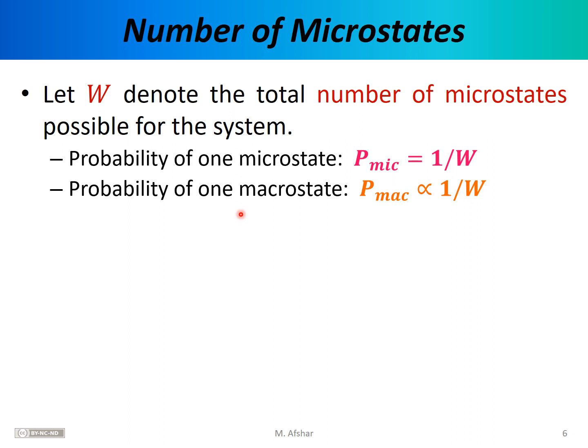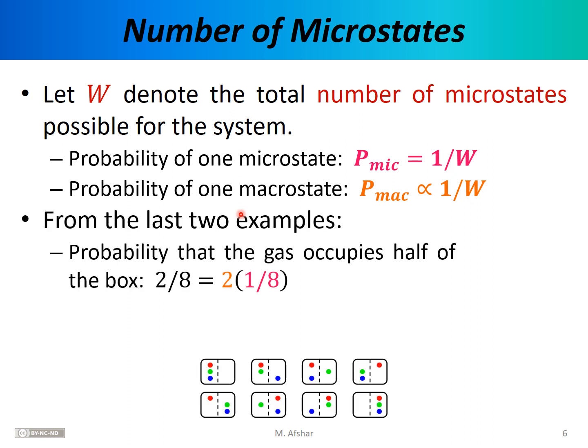This is exactly what we did in our last 2 examples. In the first example, we found that the probability that the gas occupies half of the box is 2/8. We found the 2/8 by listing all of the possible scenarios or configurations or microscopic states of the system, and then we counted 2 of the 8 states as corresponding to the scenario we're interested in, namely that the gas occupies half of the box.